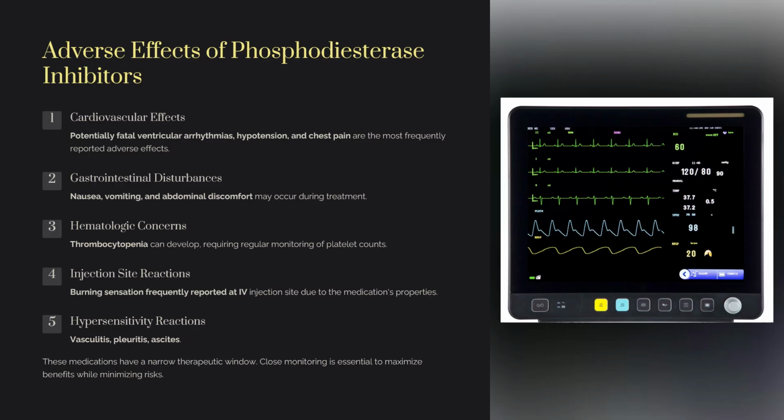They can have burning at the IV site and could potentially develop vasculitis, pleuritis, or ascites. So those are things we're just teaching our patients to report. And because this is given by an IV, you're going to be monitoring these things if you're the one administering it.